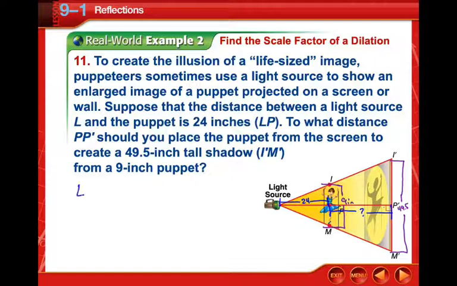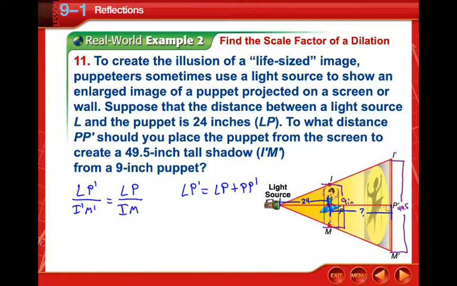We want L to P prime over I prime M prime to be equal to L to P over IM. Now, LP prime is equal to LP plus PP prime.